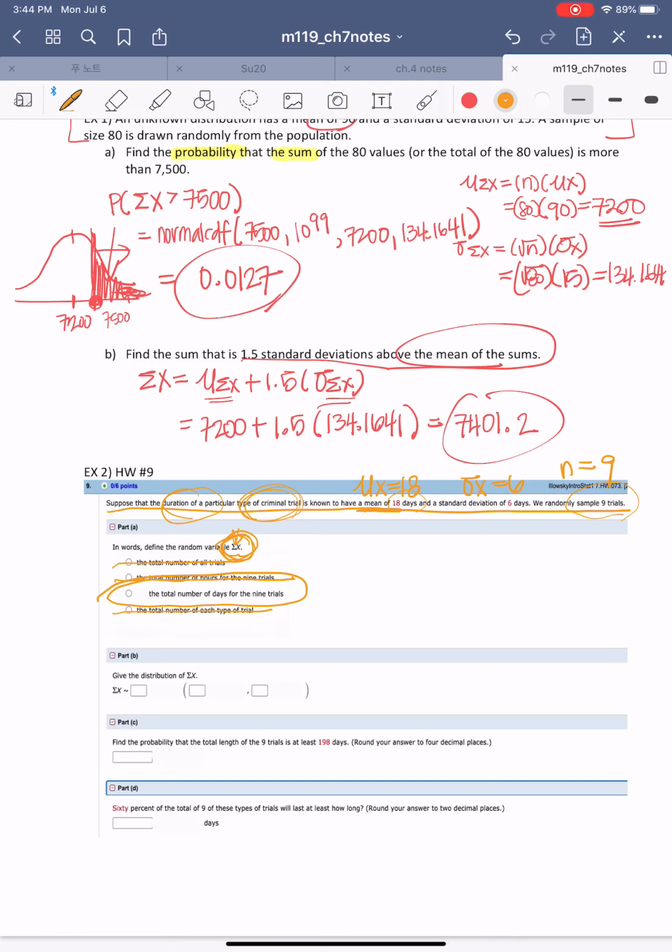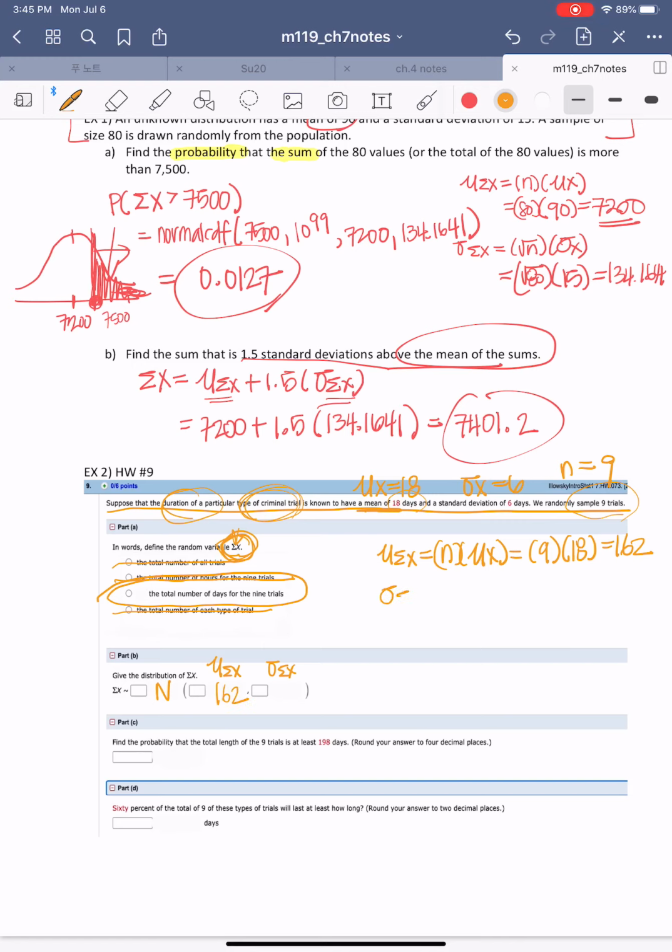Notation, the sum of x will approach a normal distribution, with mu of the sum and sigma of the sum. So mu of the sum formula says n times mu of x, which is 9 times 18. I'm getting 162.